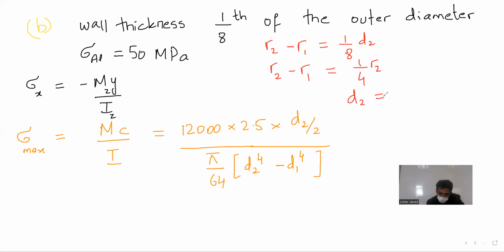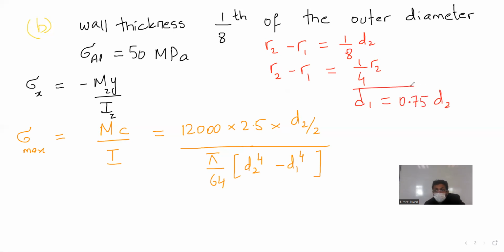Probably is right. Sorry, in a diameter, I want actually D1. So I think D1 will be 0.75 D2, right? Yeah.